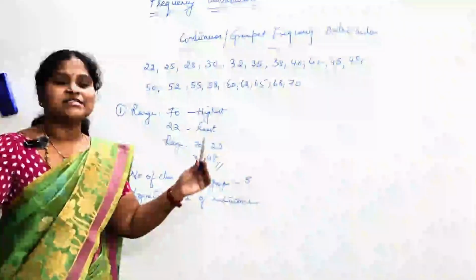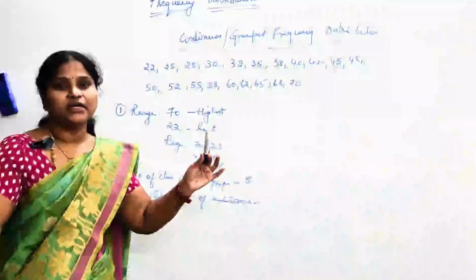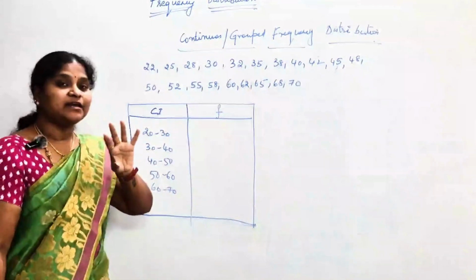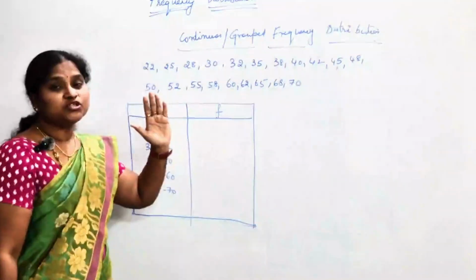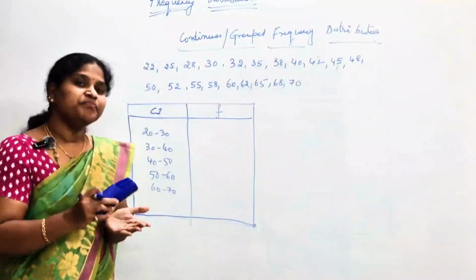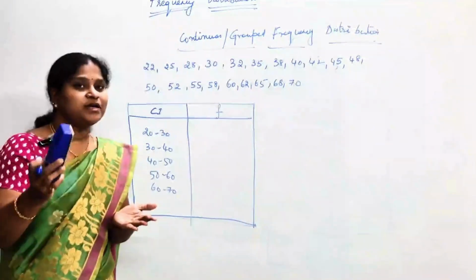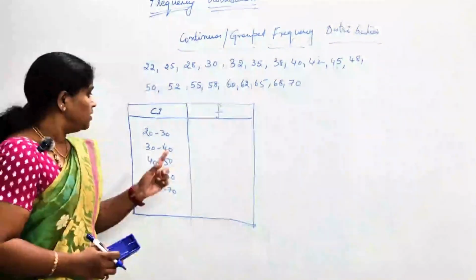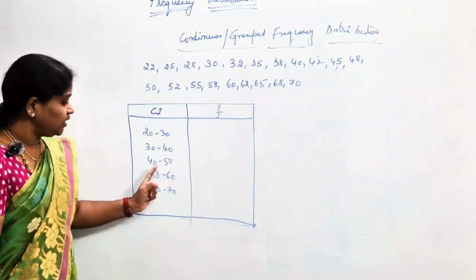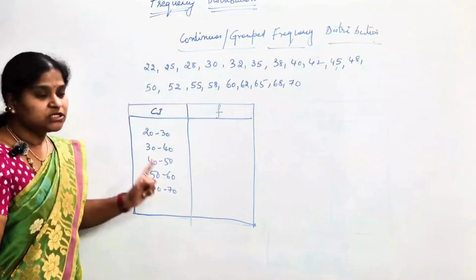It depends upon the size of the data, the vast amount of data. I have seen that my width of the class interval can be 10 because the range is 48, the data is increasing. So to reduce the size of the table, I can increase the size of my class interval from 5 to 10. So 20 to 30, 30 to 40, 40 to 50, 50 to 60 and 60 to 70.